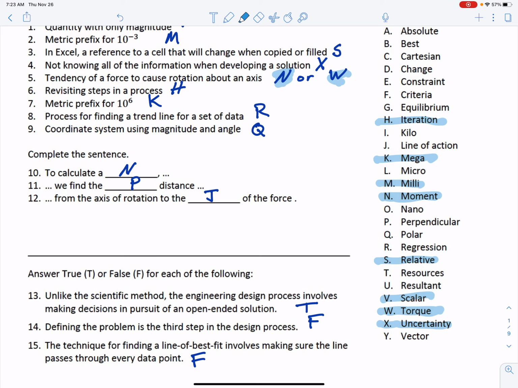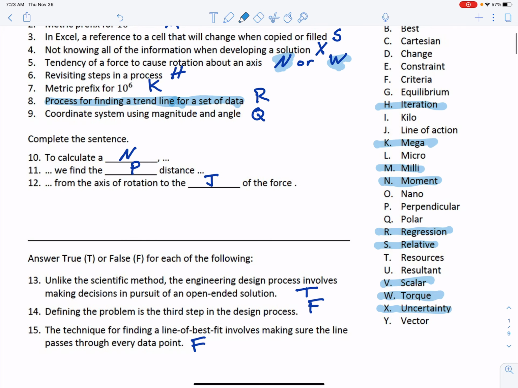There's a way of doing an exponential fit, but all these are called regressions because it's a statistical term. You'll learn more about it as you go through the curriculum, but you should know that name. Okay, finding a trend line, the process of that is regression. Number 9, a coordinate system using magnitude and angle. Okay, that's the polar coordinate system.